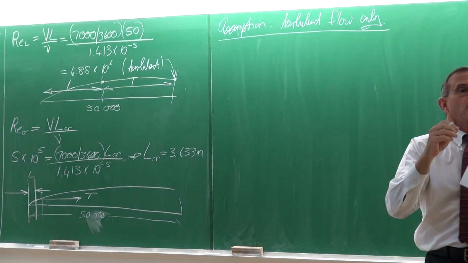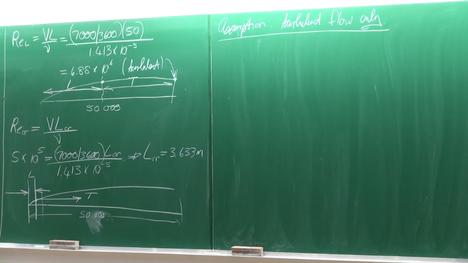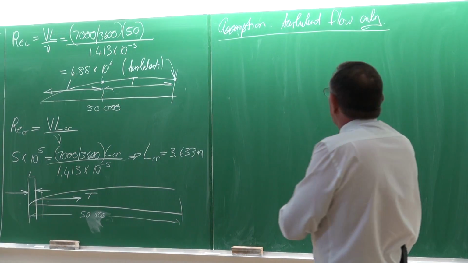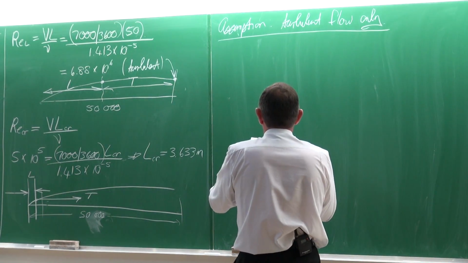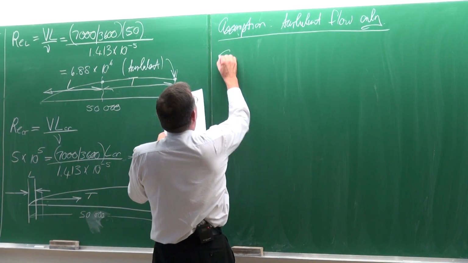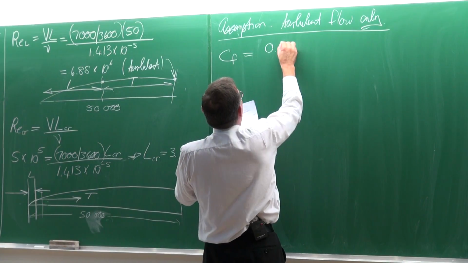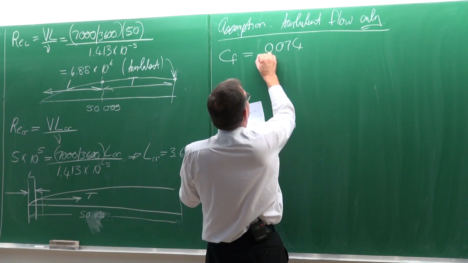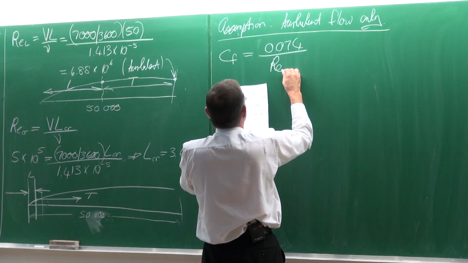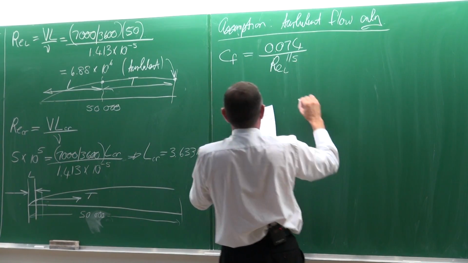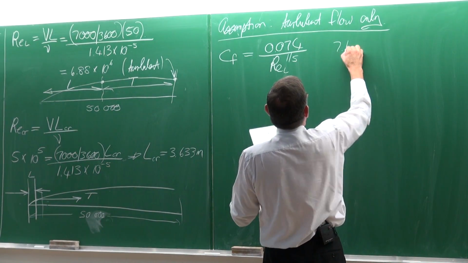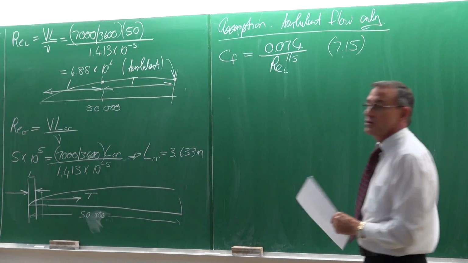And for turbulent flow only, there's a set of equations that you can use, and those are the equations that we're going to use now. For turbulent flow, the average CF is equal to 0.074 divided by the Reynolds number L to the power one-fifth. That is equation 7.15 in your textbook.